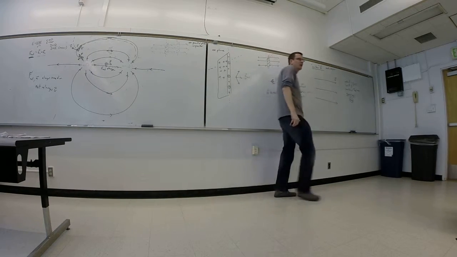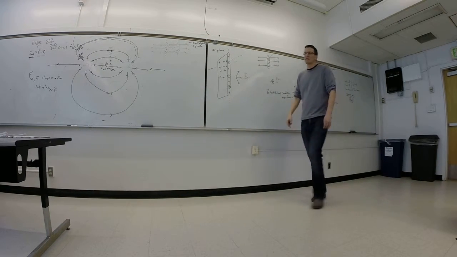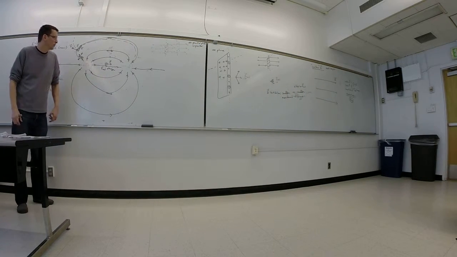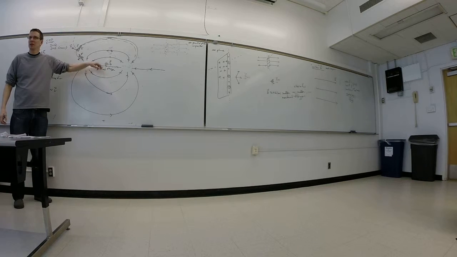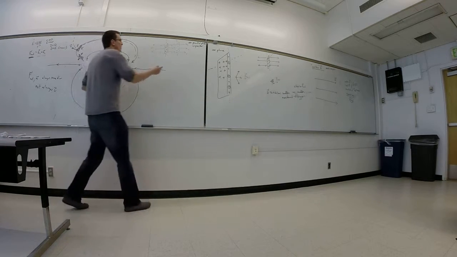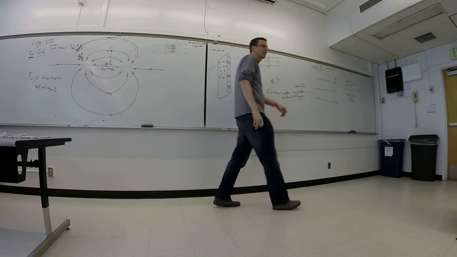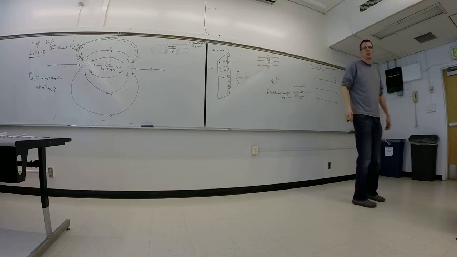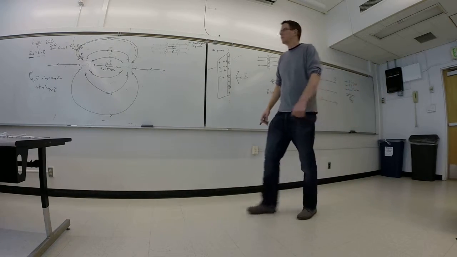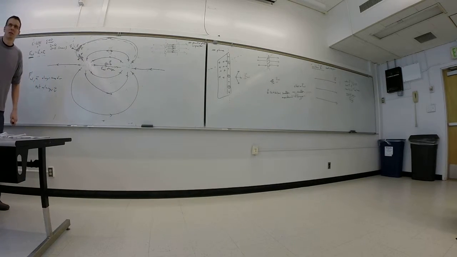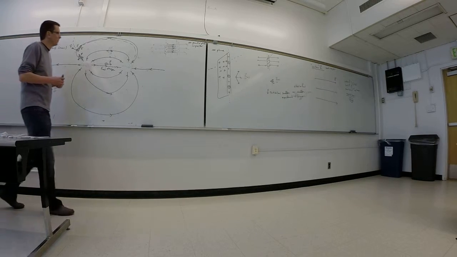It should be pretty clear, what's the electric field look like between the plates? Which way does it point? It points to the right. Same reasoning as here between these two, right? In fact, since they're additive, I'm going to draw the field line twice as dense. Because if they add, each contributing equally, it's going to make the field strength twice as much. So the field is uniform in between the plates.